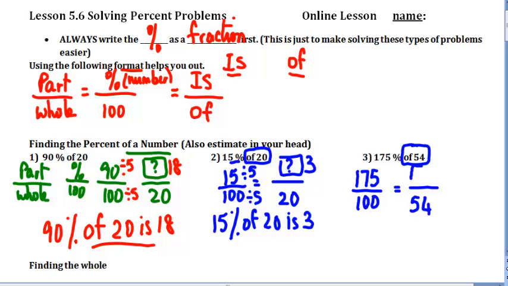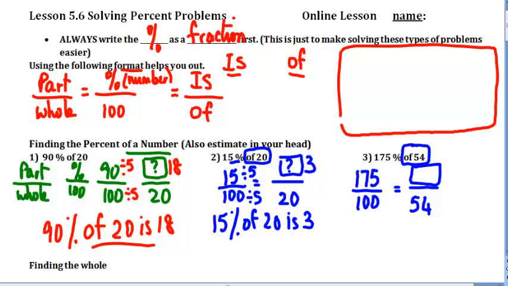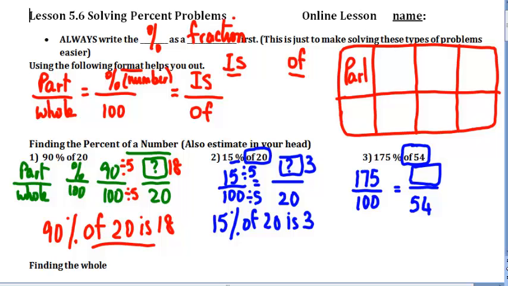Now one thing you notice is that really 54 doesn't have a multiple of 100, so in this case I'm going to set up a table, and I'm going to first find it out for 1 because we've done that before. Find it out for 1%, and then once I find it out for 1%, then I can find out for any number of percent that I want. So that's how I'm going to set it up.